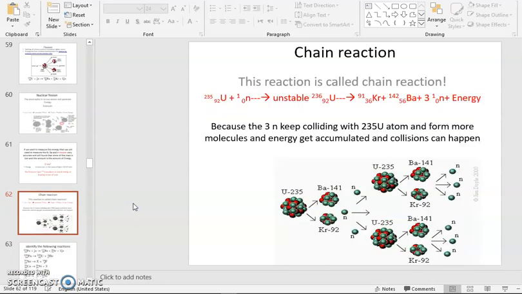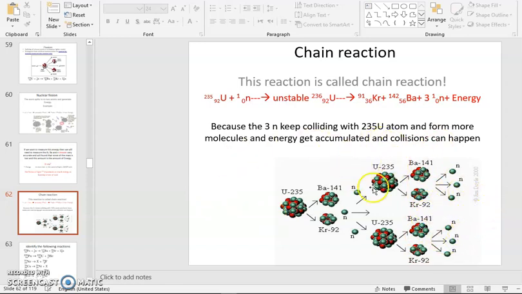So like this. So you have an unstable element, you will hit it with a neutron, get you two elements and three particles. Those three particles will hit new elements and then divide again into two elements and then three particles, and so on and so on and so on.